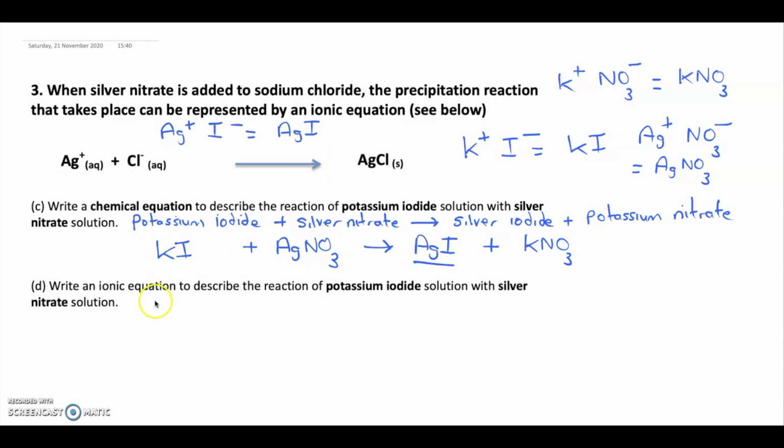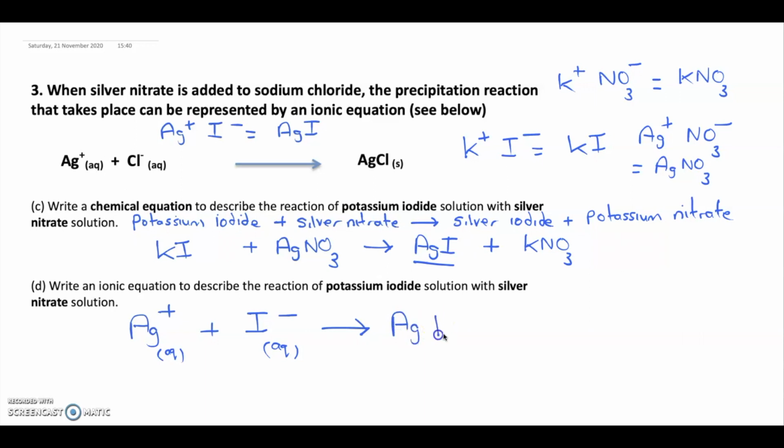Now, silver iodide is my precipitate. And in part D, I'm asked to write an ionic equation to describe the reaction. So all I have to do is write down the ions that form silver iodide. The ion for silver is Ag+. The ion for iodide is I-. They're both aqueous because they're soluble salts.